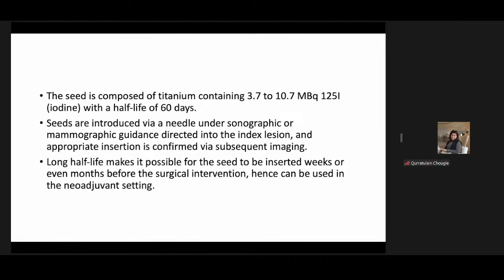The seed is composed of titanium containing 3.7 to 10.7 MBq iodine-125 with a half-life of 60 days. It is introduced via a needle under sonographic or mammographic guidance into the index lesion, and appropriate placement is confirmed by subsequent imaging. It has a long half-life, so it can be used for neoadjuvant settings as well.